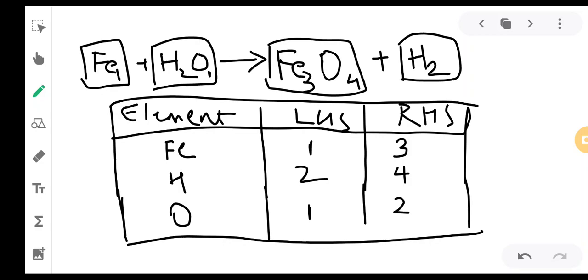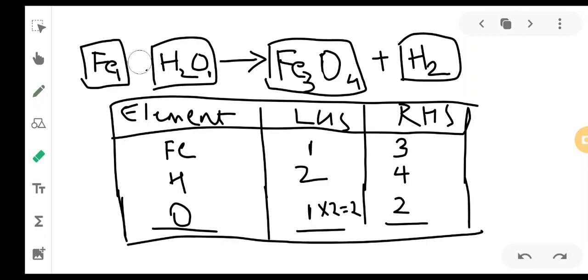So how will you balance this chemical equation? First thing is, whatever is unbalanced and smaller in number, we will make it bigger in number. If you take the example of oxygen, oxygen is unbalanced. To balance oxygen you need to multiply by 2 on the left hand side.